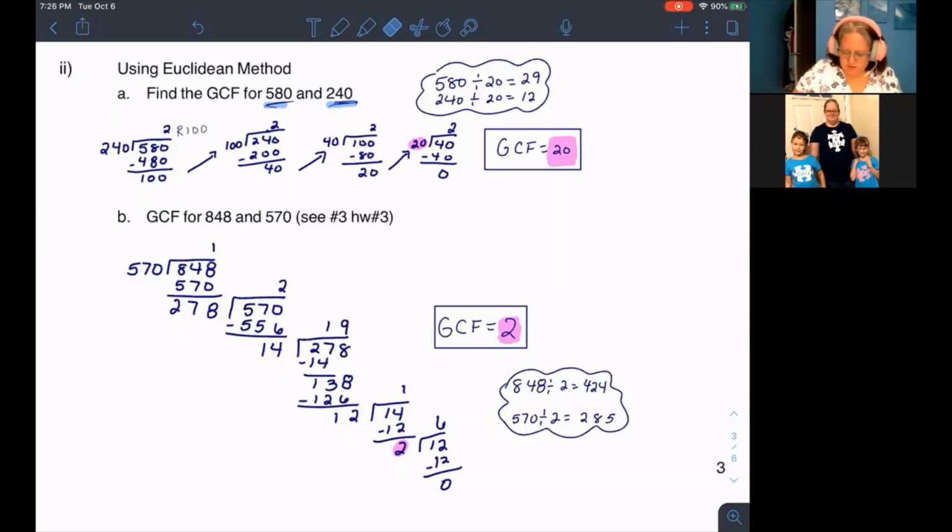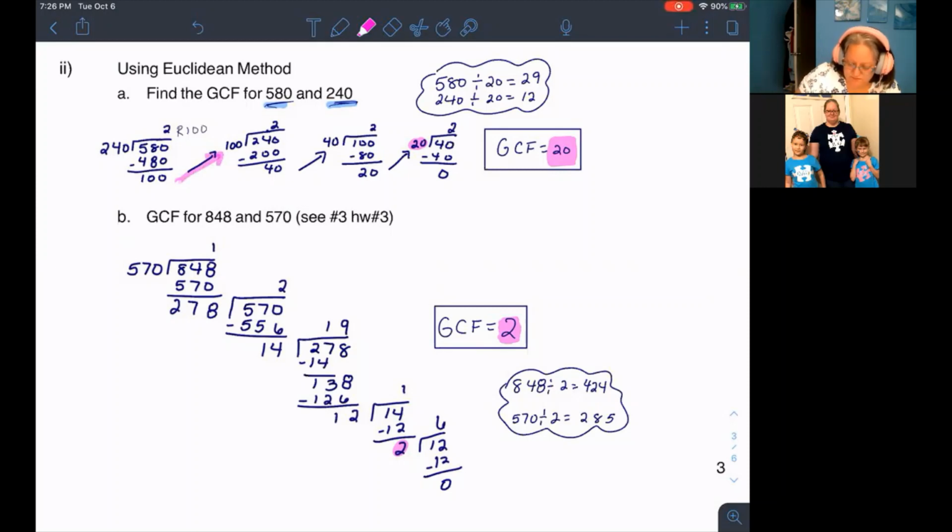So first we start with saying, okay, 240 into 580, we can go in 2 times with a remainder of 100. So then we take the remainder that's left, the 100, and we move it up to the divisor spot.